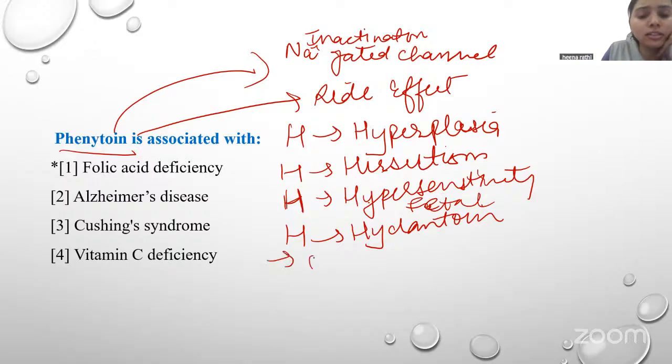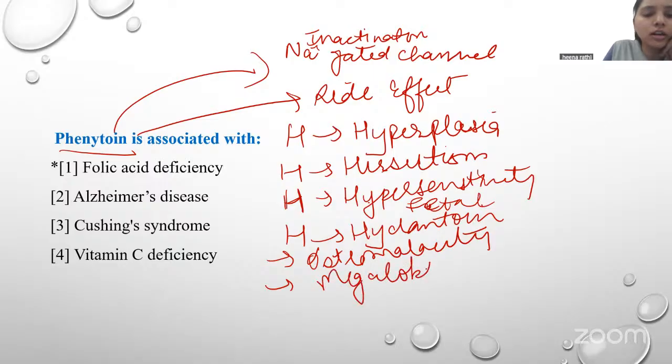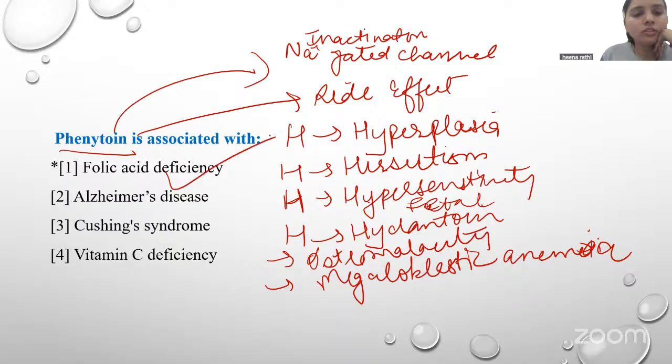Apart from this, it produces osteomalacia and it produces megaloblastic anemia. What is megaloblastic anemia? Deficiency of folic acid. Because of the deficiency of folic acid, phenytoin is associated with this.